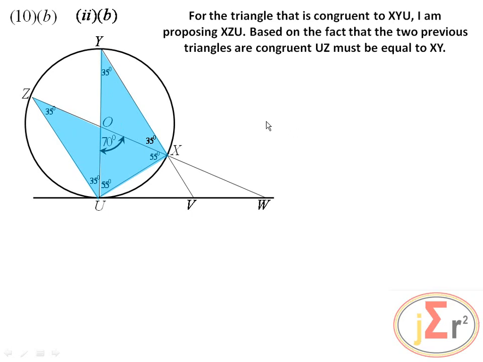But are they? Based on the fact that the two previous triangles are congruent, we know that UZ must be equal to XY, because the previous two triangles are congruent. So we have no difficulty with that. All we need to do now is to show that two pairs of angles are equal, and we are done.